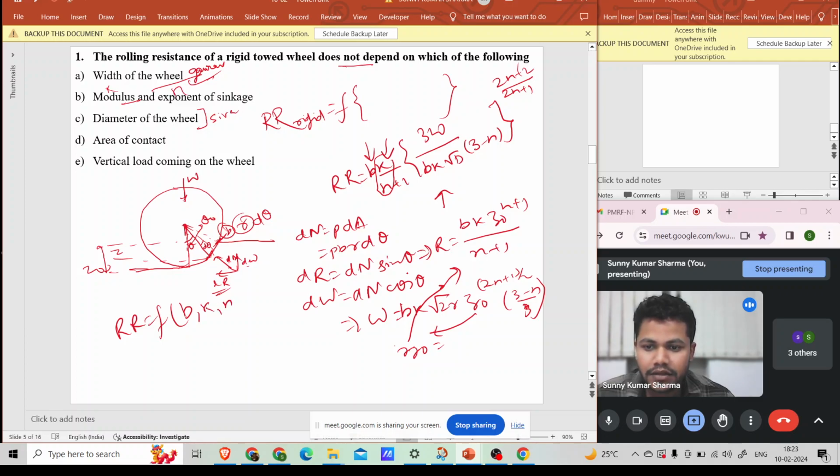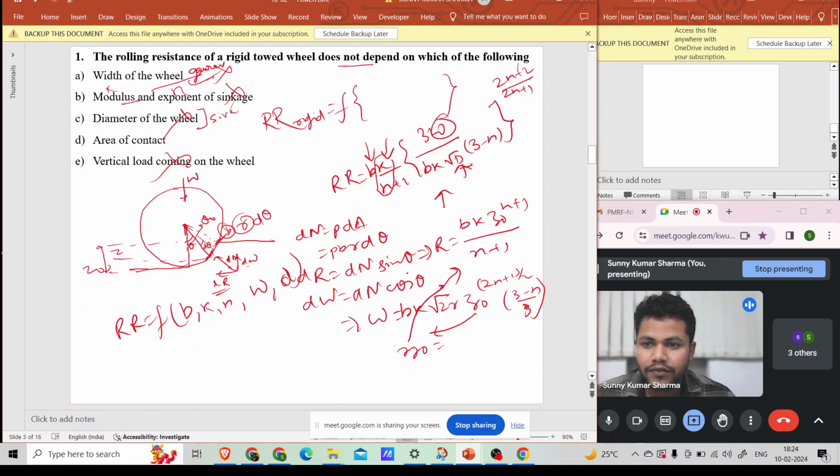So k and n is also not the correct answer. Diameter of the wheel is also not the correct answer. Weight coming on it does affect rolling resistance, so weight, vertical load on the wheel, is also not the correct answer. And this d is the diameter, so diameter of the wheel is also not the correct answer.